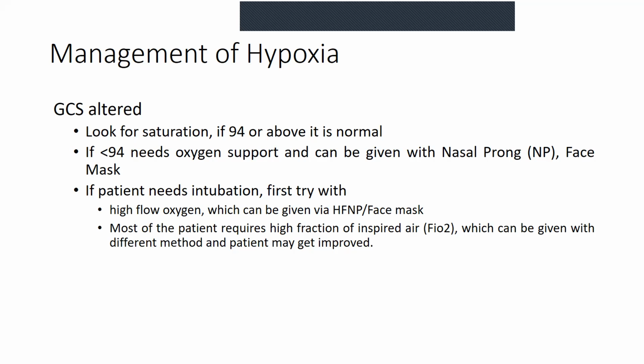If the patient needs high flow oxygen, then it could be given by nasal prong or by face mask as per the requirement, till the saturation increases above 94%. Most patients require a high fraction of inspired oxygen, that is FiO2, which can be given by different methods, and the patient may improve. Other alternatives, next slide too.